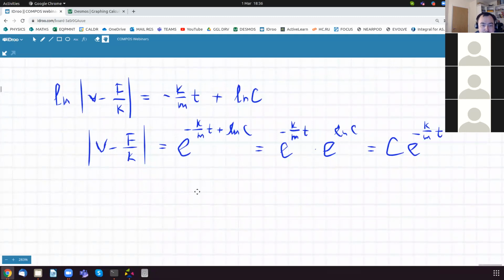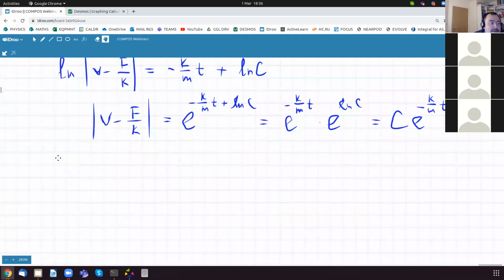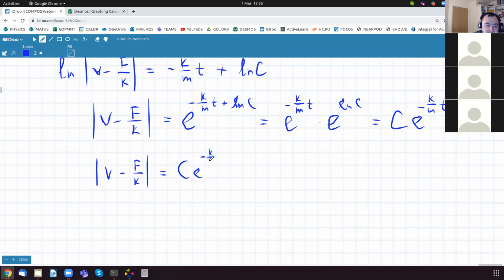Okay. Yes. And now I need to analyze what's going on here. If I plug in the numbers, it's going to be much easier. So this expression inside the modulus is always going to be negative, because f over k is 800 divided by k, which is 40, so it's 20.